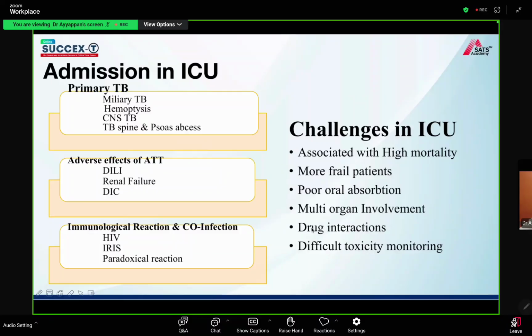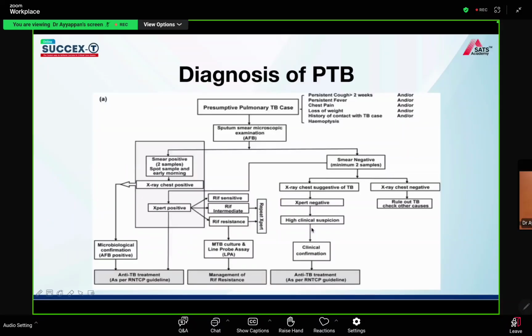And because of the interactions, they will have less therapeutic response, and monitoring for toxicity in this subgroup of patients is also going to be very difficult.